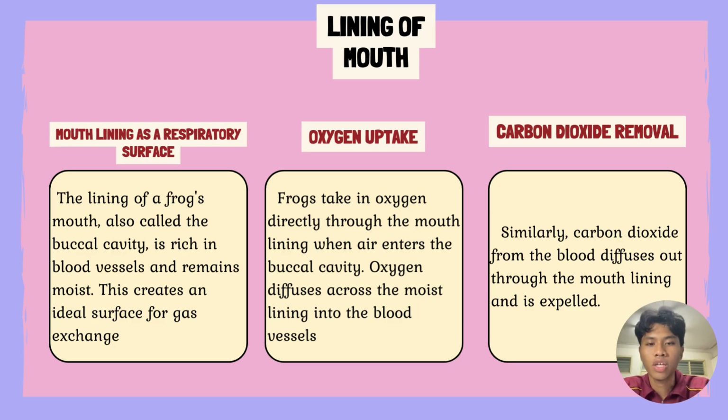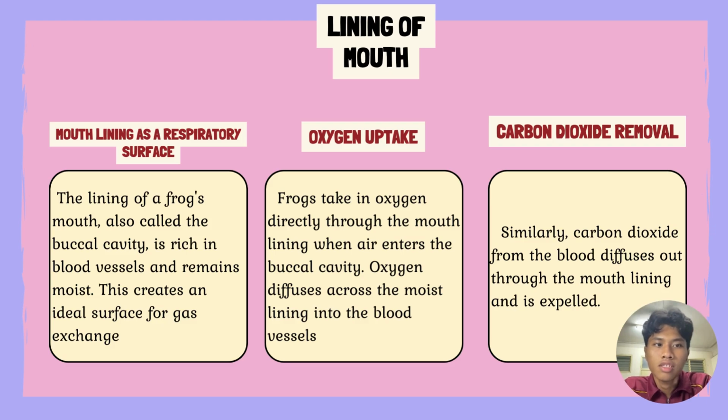So this is the process of a frog if it wants to breathe by the lining of the mouth. First, the mouth lining as a respiratory surface. The lining of a frog's mouth, also called the buccal cavity, is rich in blood vessels and remains moist. This creates an ideal surface for gas exchange. Second, oxygen uptake.